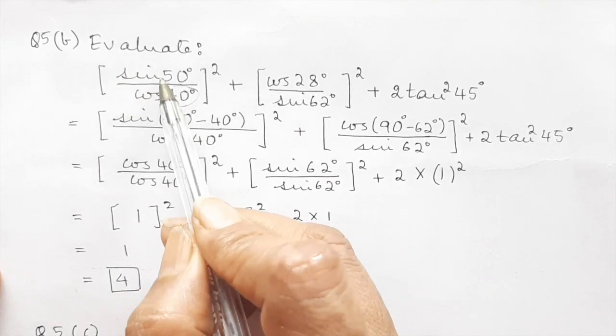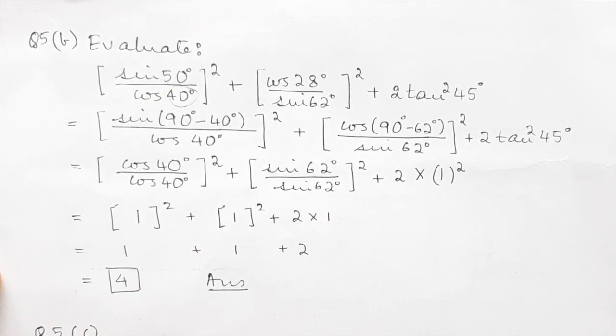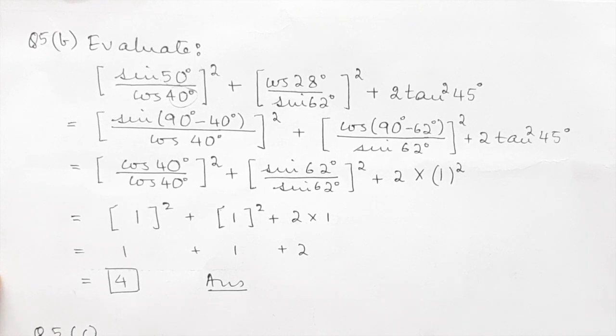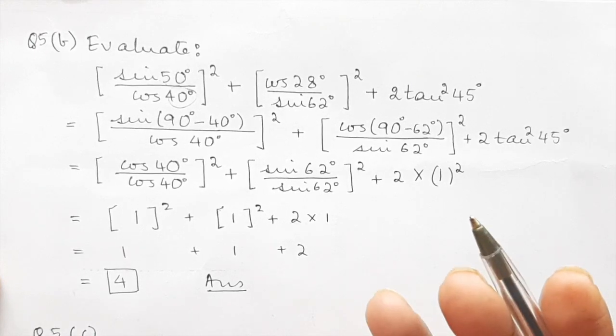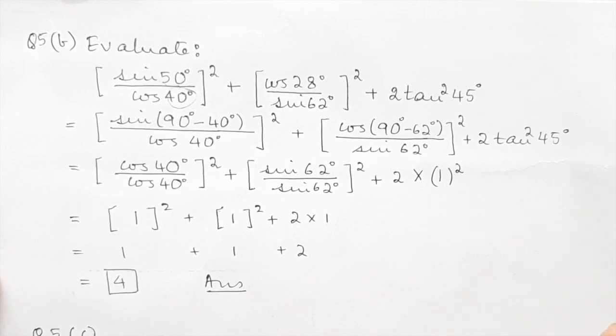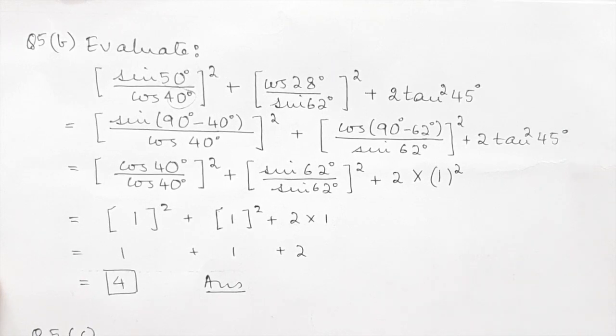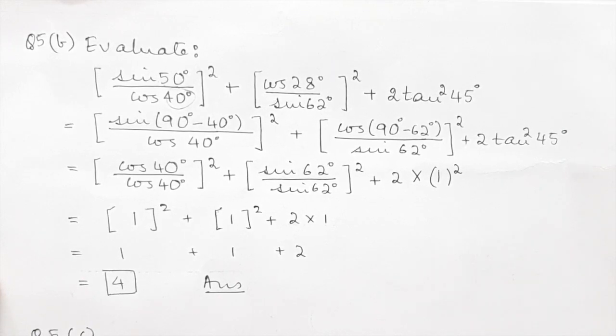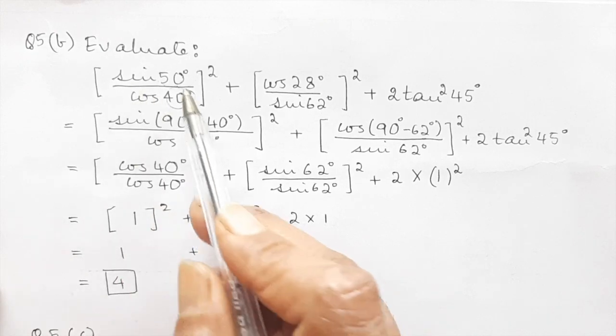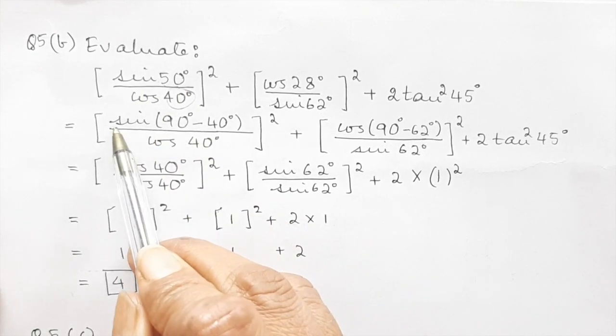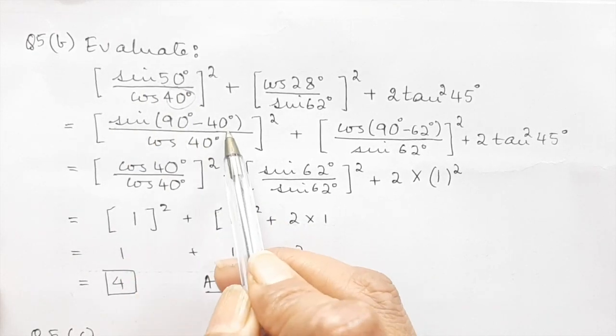So everything else remains the same, and we are using the property of complementary angles, which says that sin 90 minus A is equal to cos A. Correct? Cos 90 minus A is sin A. Right? So sin 50, in place of that 50 we will write 90 degrees minus 40.